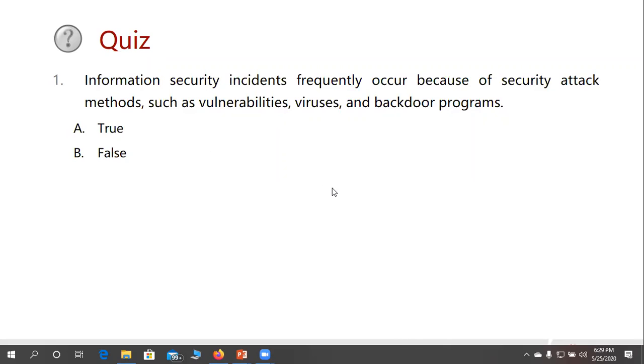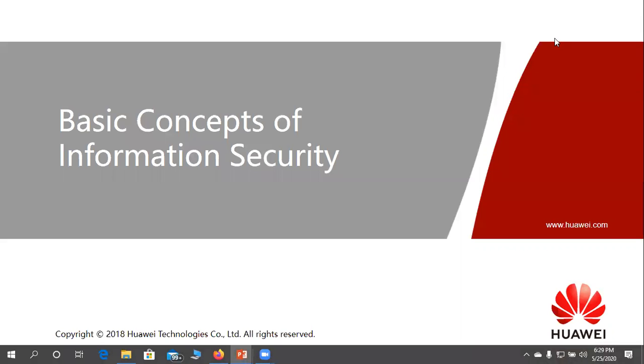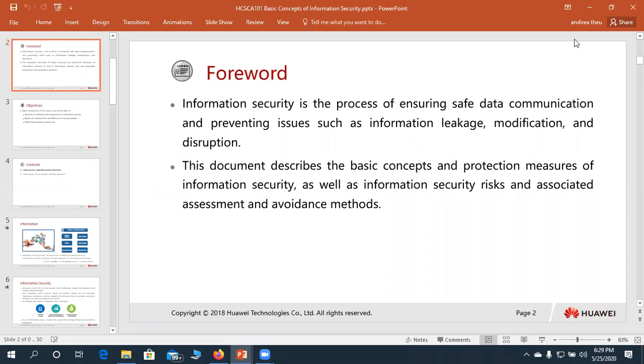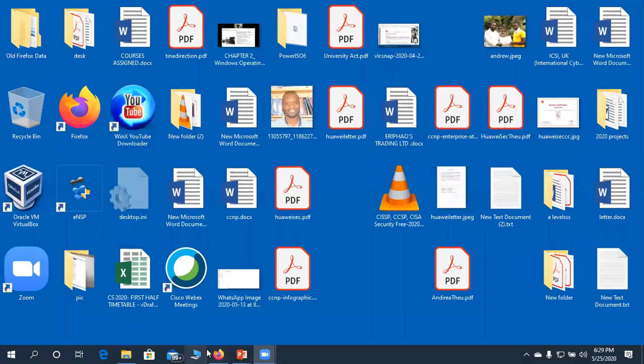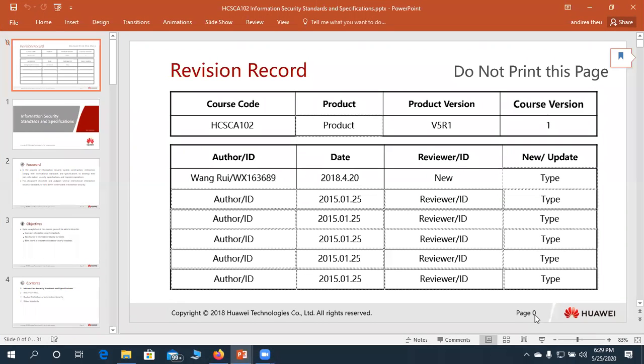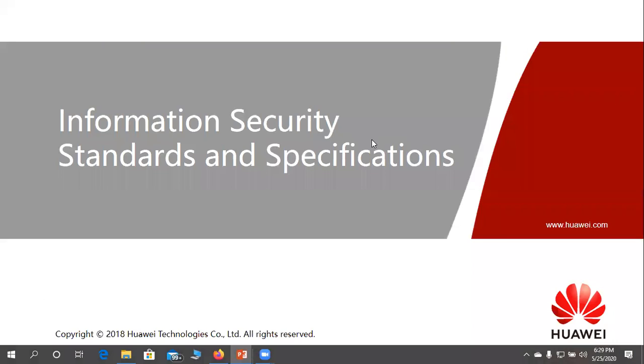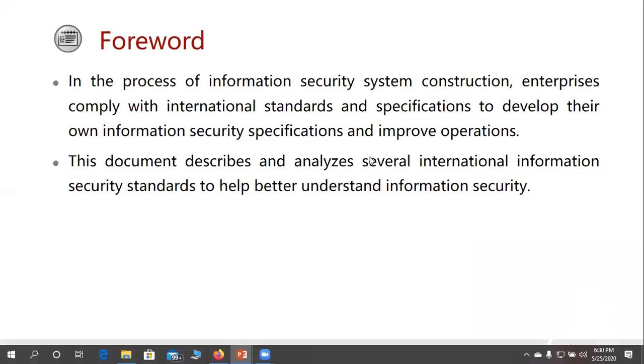All right. Okay, so we move on to our second slide for today. This is our second slide. This is information security standards and specifications. So what we are doing is a boot camp where we need to cover so much material in a short period of time.